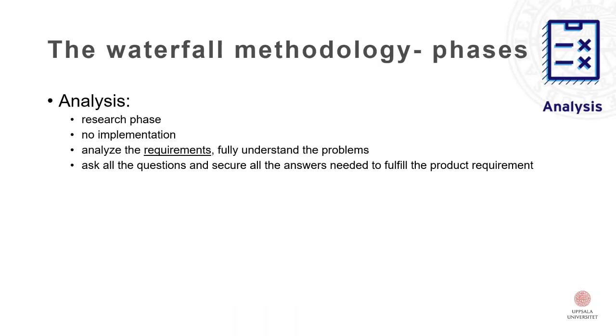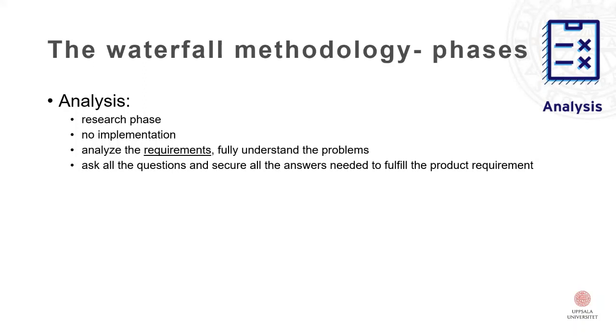For example, what is the problem that they want to solve using this system? What are the problems that you might find when you want to implement this system? And you need to ask all the questions that you have, all the things that are not clear to you, from the customer, and make sure that you get the answers you need so the work is completely clear for you to do. There cannot be any ambiguities.